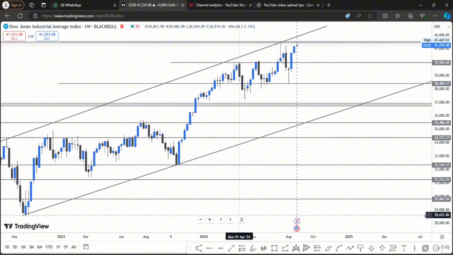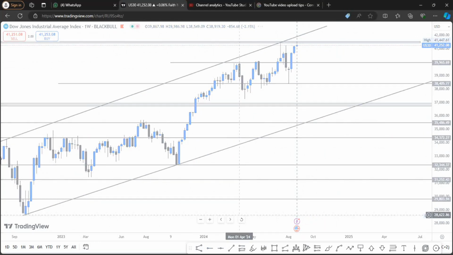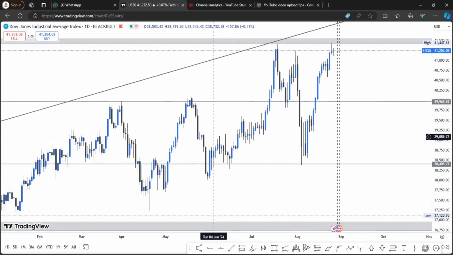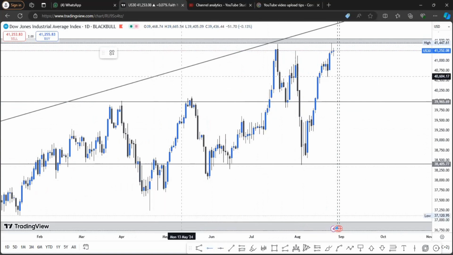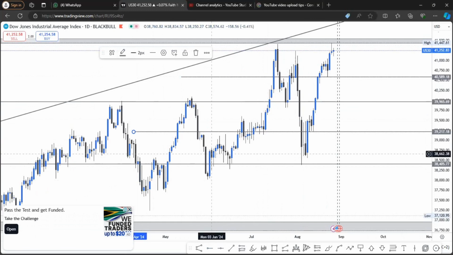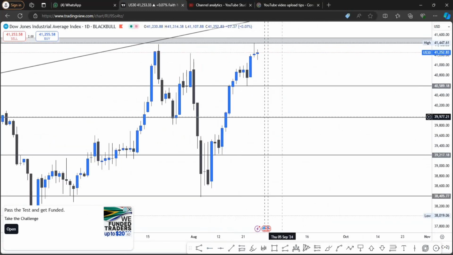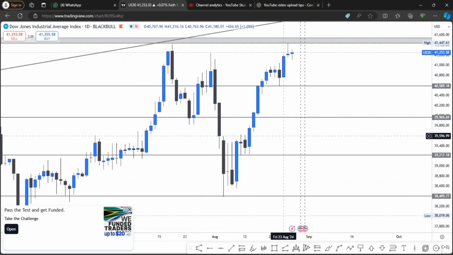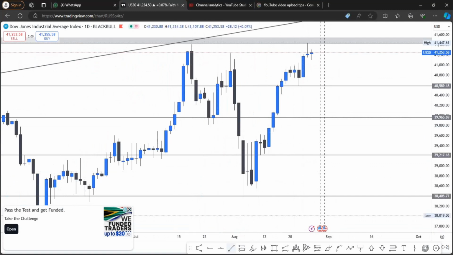Then from there we move to the 1 day time frame. On our 1 day time frame, we can again identify those zones. Then we get to understand that currently we had this point here.